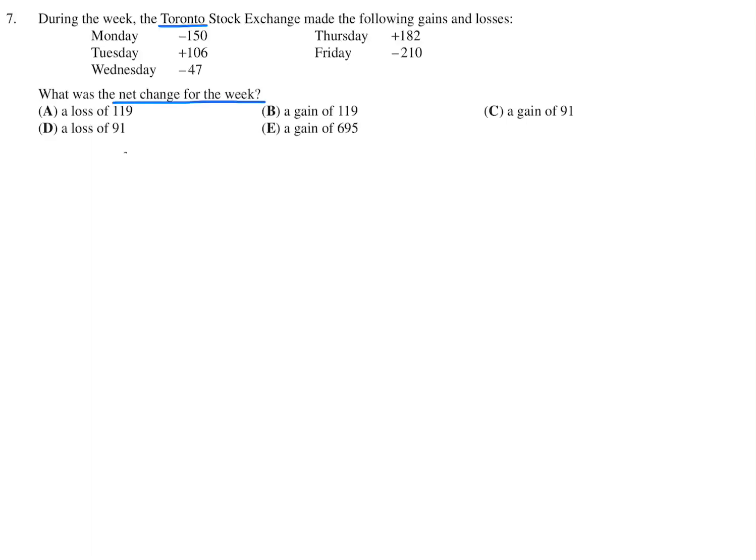So you just add them all up: minus 150, plus 106, minus 47, plus 182, and minus 210. And this equals minus 119. So the net change for the week is a loss of 119. So 7 would be A.